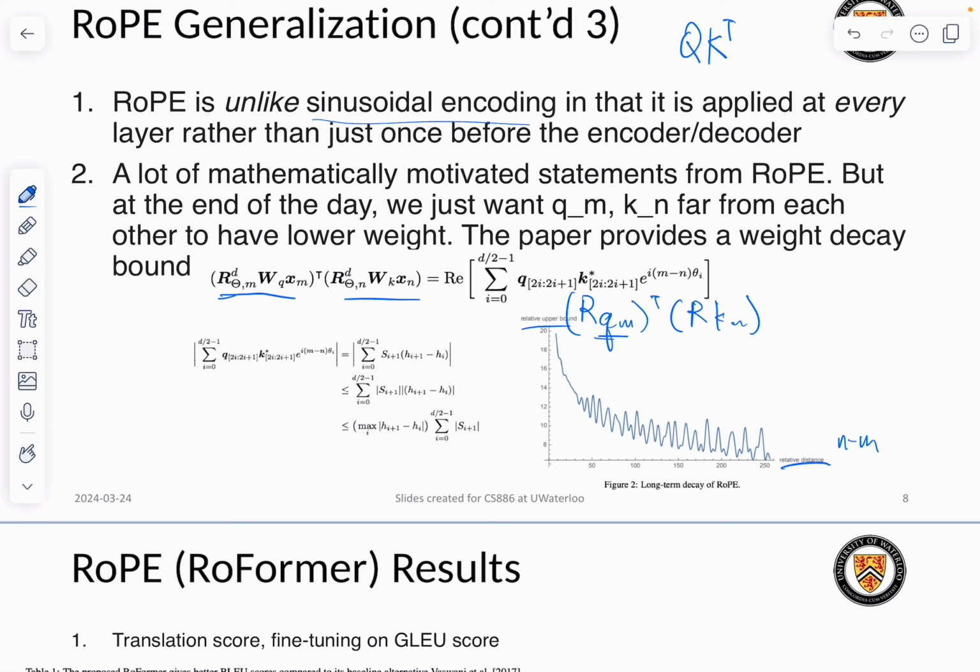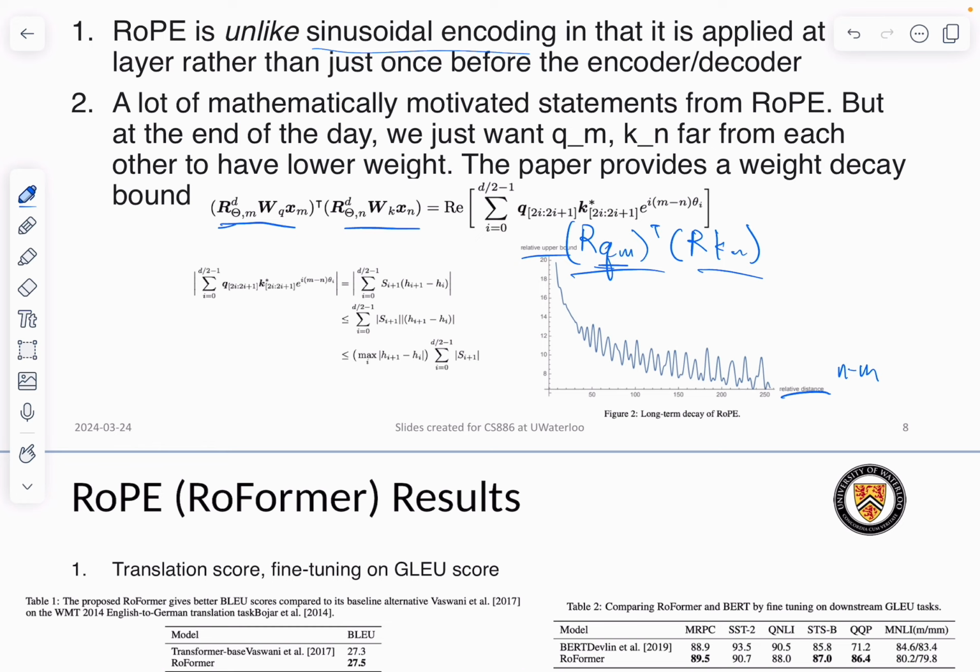So basically, how far these could be, and it's saying that when n minus m is large and they're far apart, this bound goes down, which is kind of what we want.